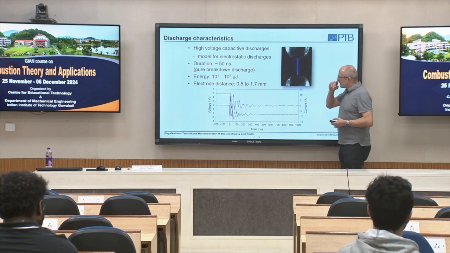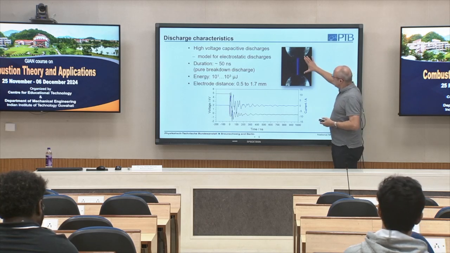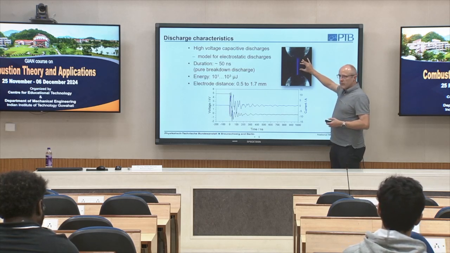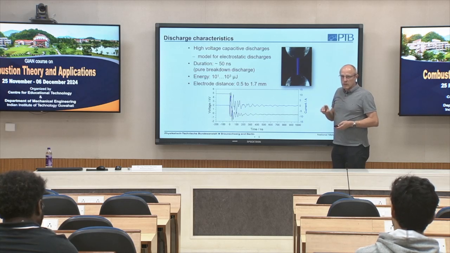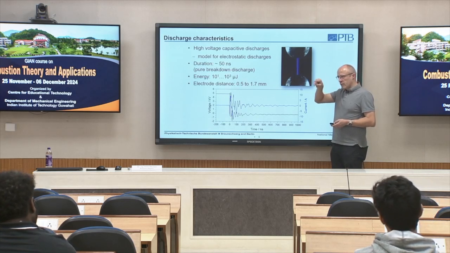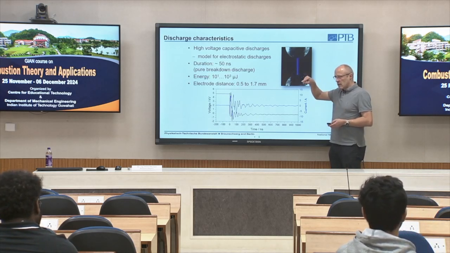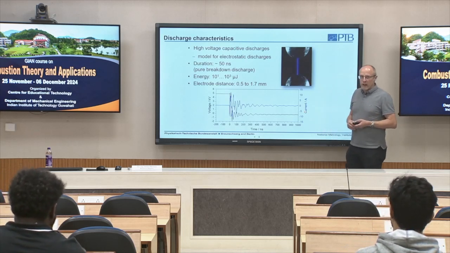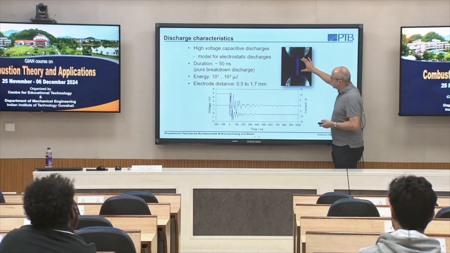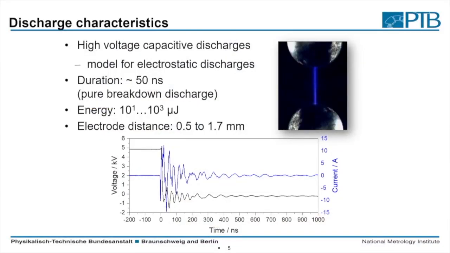So this has several reasons. So the smaller the gap here, the smaller is the breakthrough voltage. And if we look at 1/2 capacitance times U square, of course, the smaller the voltage, the smaller the energy is. So for hydrogen, this can be down to 0.5 millimeter.